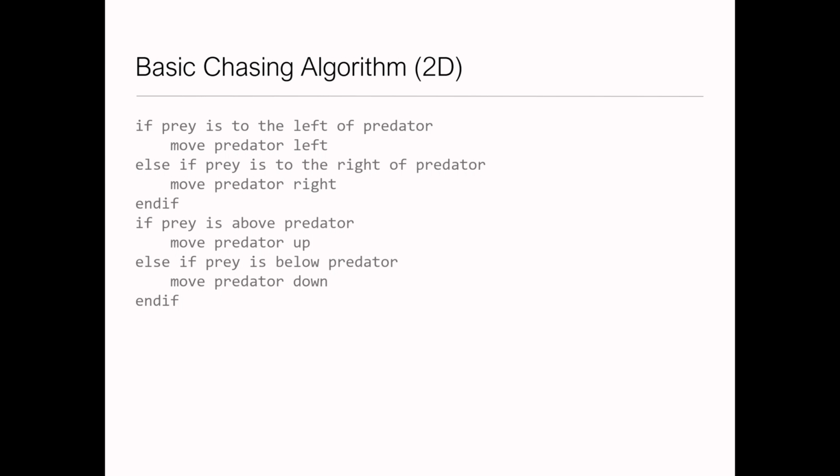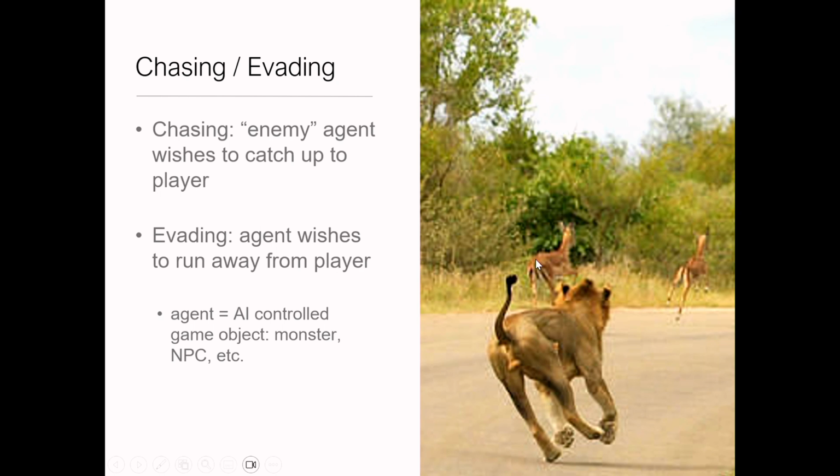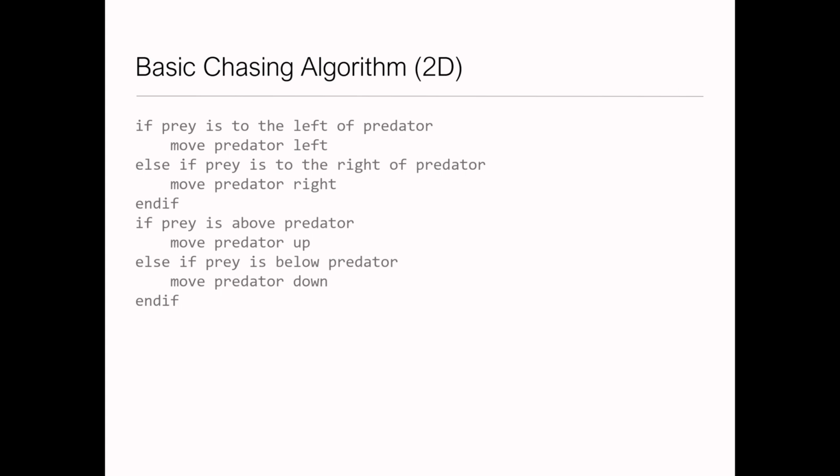All right, so simple evading is very easy to do. So it's the chasing part that's a little bit more complicated. And if no one told you how to design a chasing algorithm, you can come up with a very simple one quite quickly. So in 2D, the same works in 3D, you just have to add in another pair of directions.